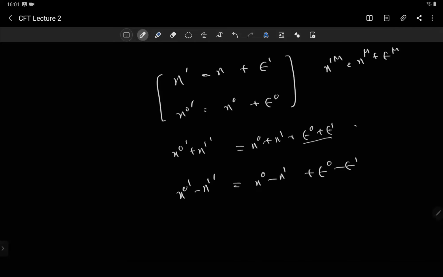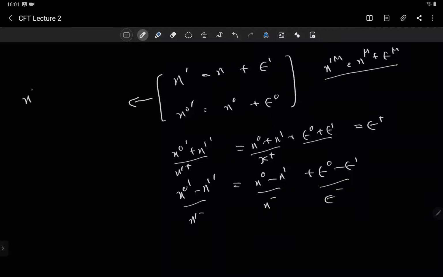But this thing is what we had called epsilon plus, and this is what we had called x plus, and therefore this is x prime plus. And this is x prime minus, this is x minus, and this is epsilon minus. So it's the same as this transformation, but in the light cone coordinates. So in the light cone coordinates, x prime plus is x plus plus epsilon plus, and x prime minus is x minus plus epsilon minus.